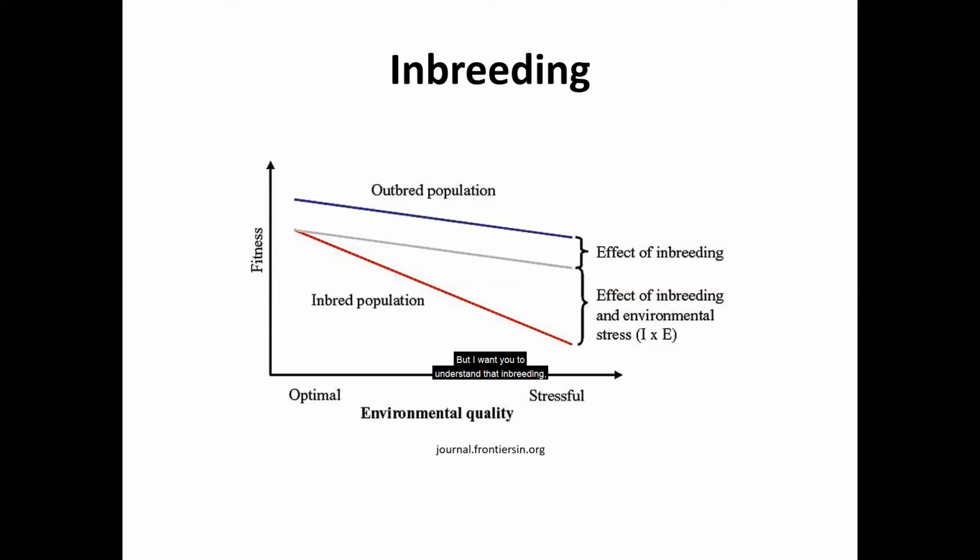There are ways we can calculate those inbreeding effects, and we're not going to get into that, but I want you to understand that inbreeding is an increase in homozygosity, and it manifests in fitness traits, which remember are most economically important, particularly as we move animals into more stressful and challenging environmental situations.